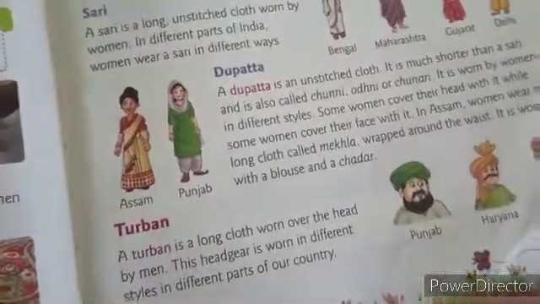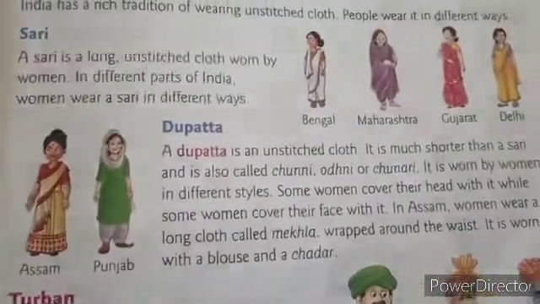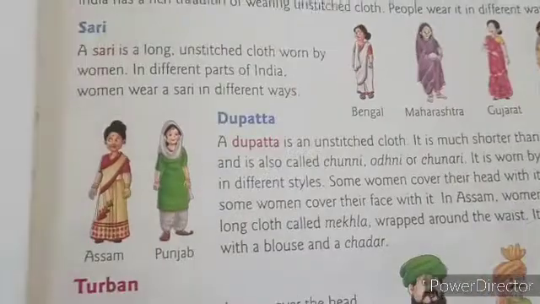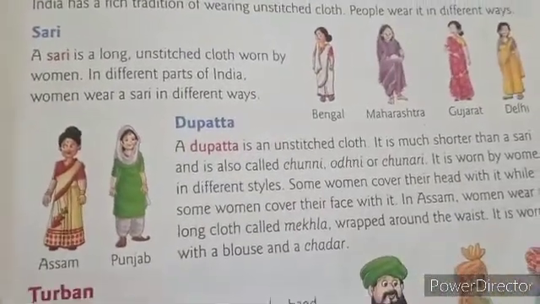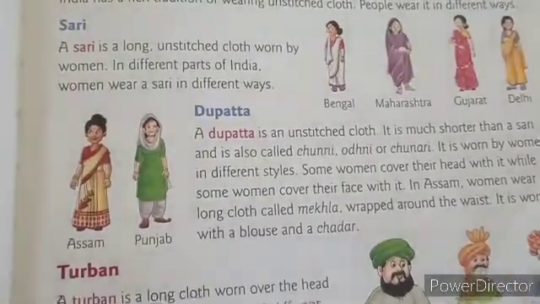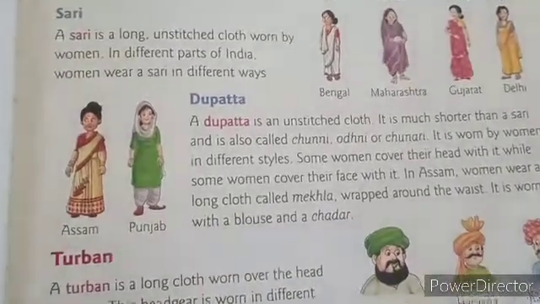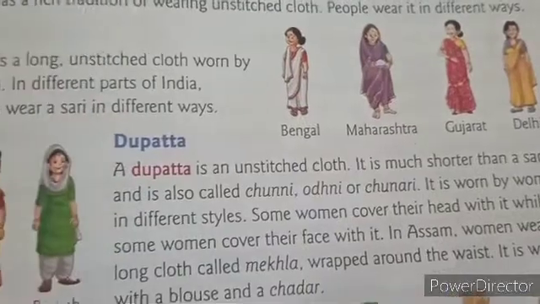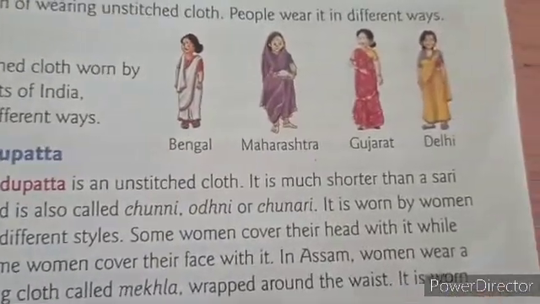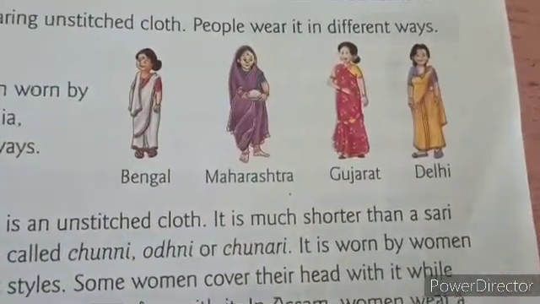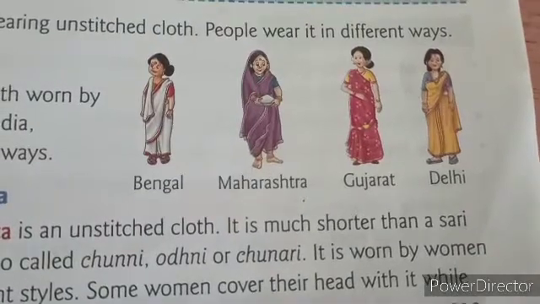What are the unstitched clothes? First, the sari. This type of unstitched clothes is given here. What is sari? Sari is a long unstitched cloth worn by women. See, these are the different ways by which Indian women wear different kinds of saris.